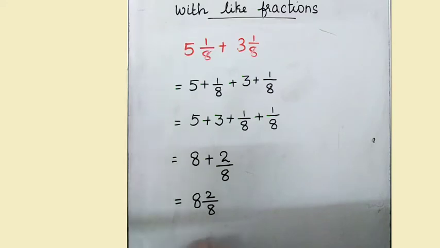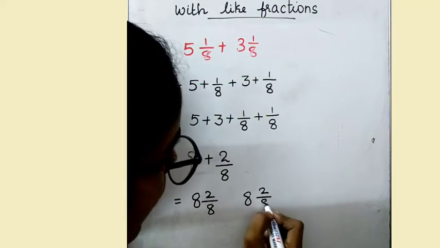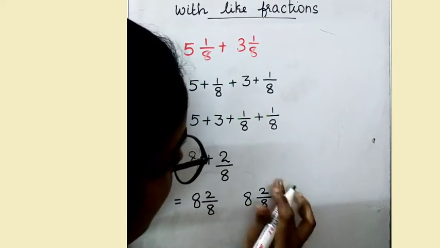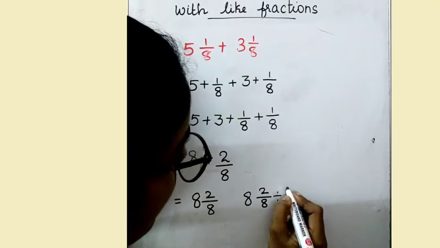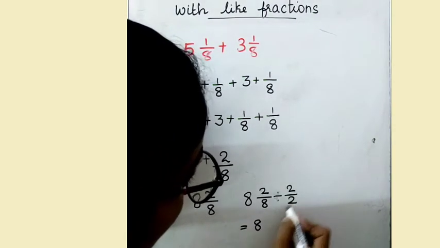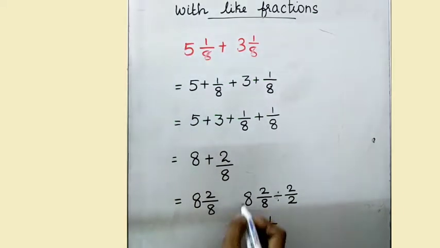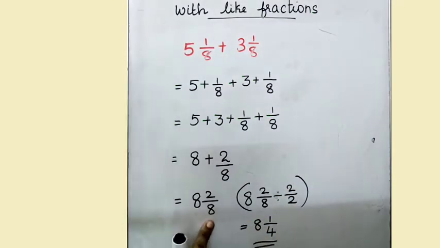Thus, we can simplify this fraction as 8 and 2 by 8 divided by 2 by 2. That is equal to 8 and 2 divided by 2, 1, and 8 divided by 2, 4. If you want, you can simplify this fraction as 8 and 1 by 4. This is also correct. If you don't know, then leave it. Leave that part. Okay.